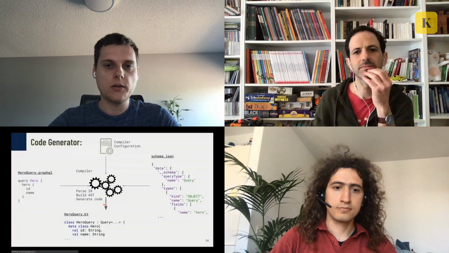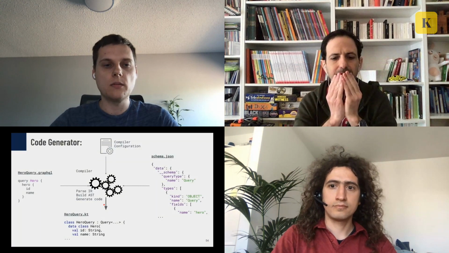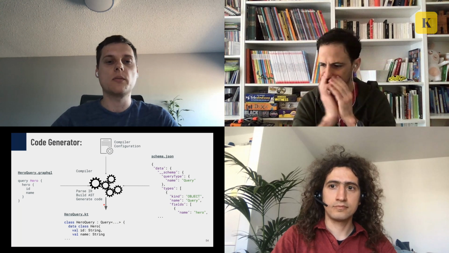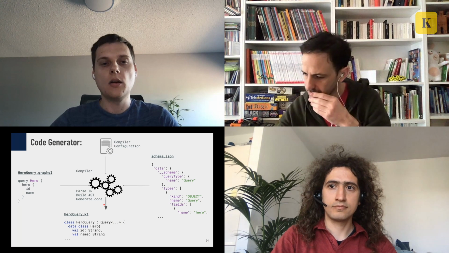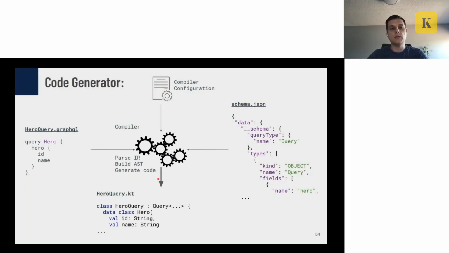Yeah, thank you, Martin. So let's go back a little to our code generation. This is how our code generation works. Basically it takes the compiler configuration, it takes the GraphQL schema, and obviously it takes the GraphQL query, parses it and generates some Kotlin file.